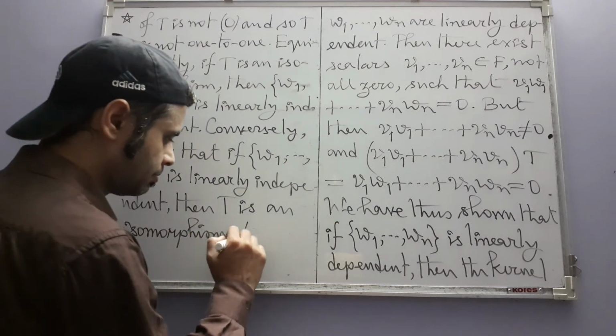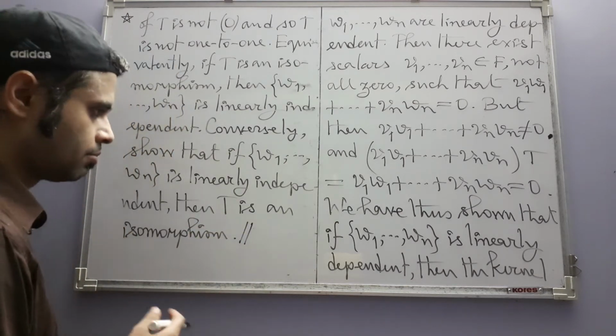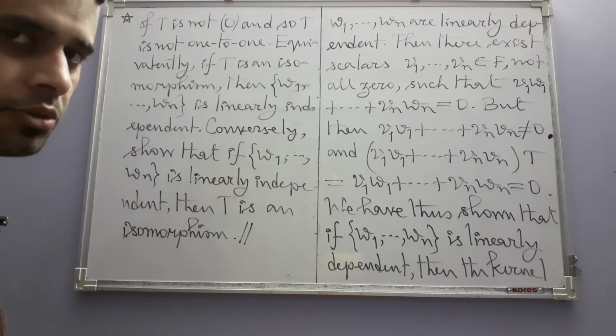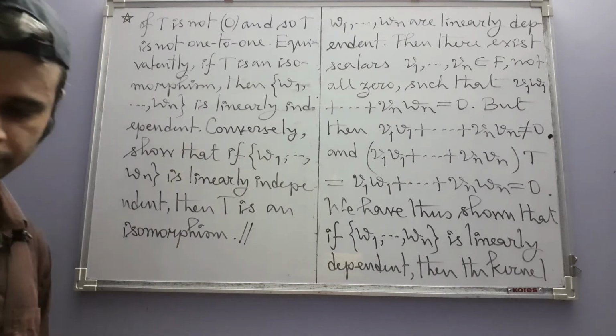So the wi's becoming linearly independent is a necessary and sufficient condition for T to be an isomorphism.